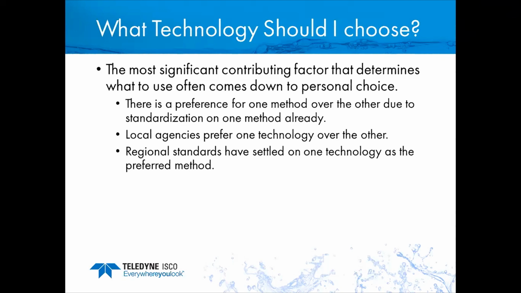Regional standards have settled on one technology as the preferred method. For example, in the European theater, for the stationary permanent samplers, the preferred technology is a vacuum sampler. Here in the US, the stationary refrigerated samplers are often desired to be peristaltic samplers.